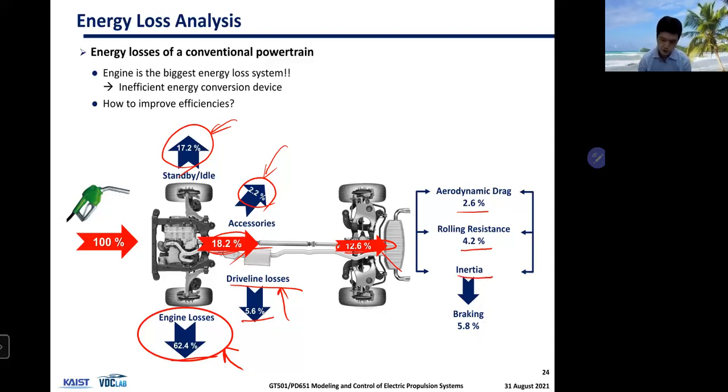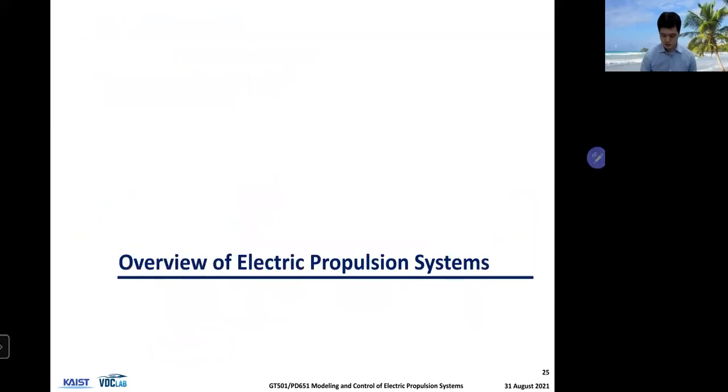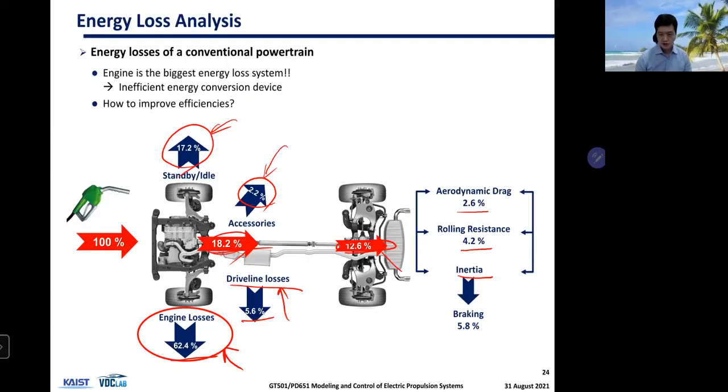When we say inertia, we need to put energy into the wheel and vehicle to accelerate the vehicle. But if you think about it, accelerating a vehicle doesn't mean losses. You're not losing energy. It's just that you're converting mechanical power or torque into kinetic energy.